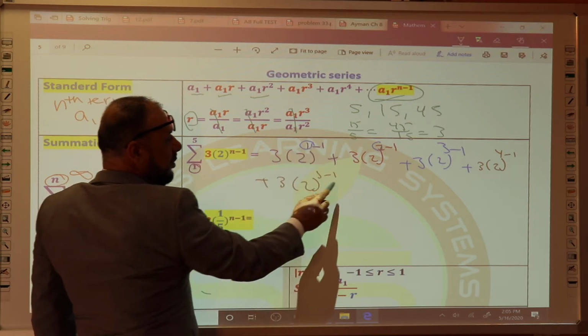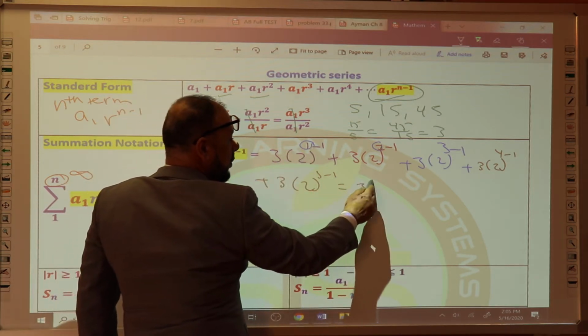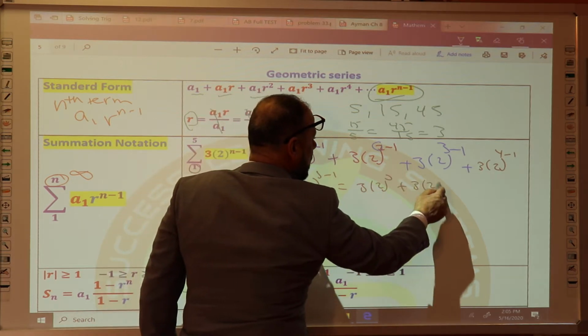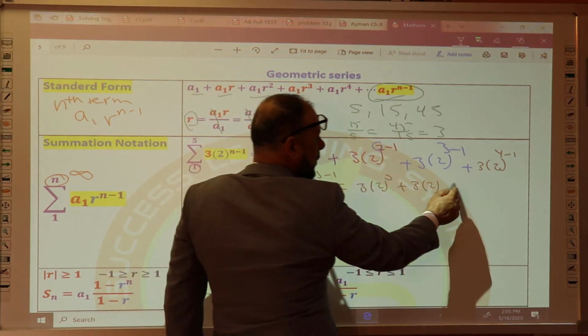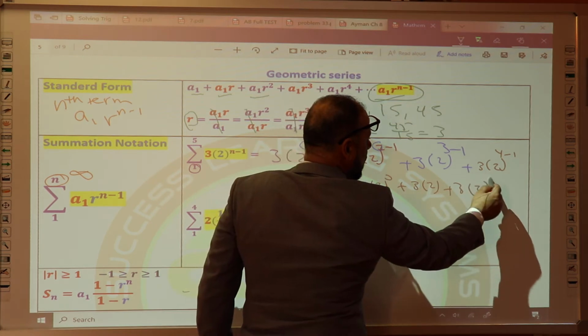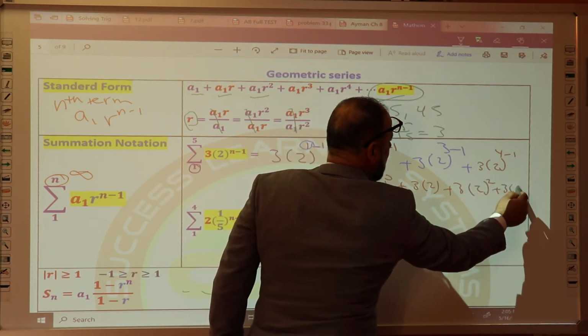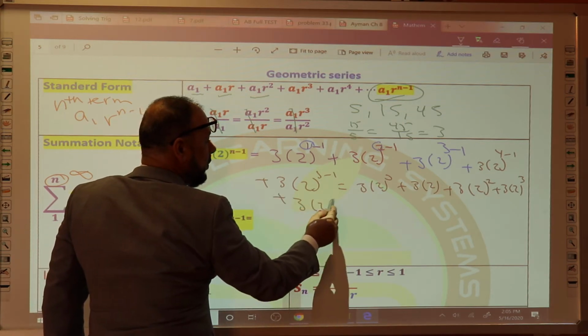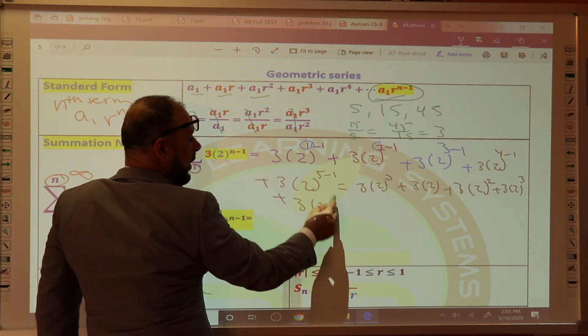1 minus 1 is 0: 3 times 2 to the 0, 3 times 2, 3 times 2 squared, 3 times 2 cubed, and the last one 3 times 2 to the 4th.